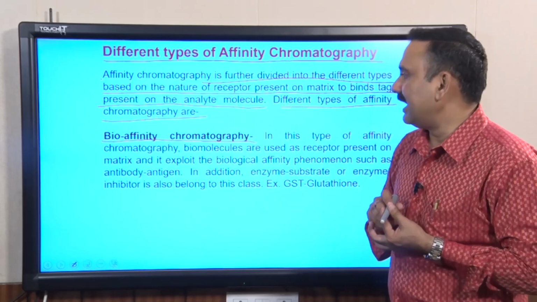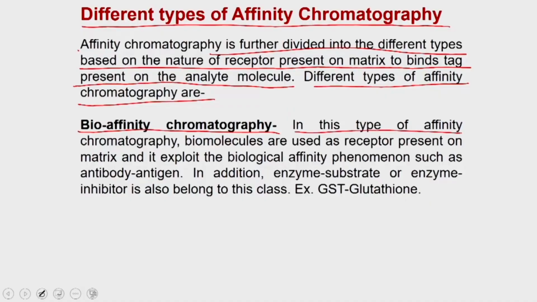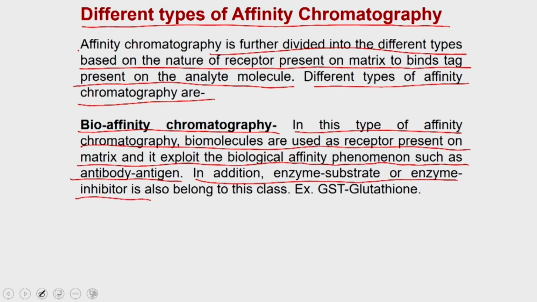The first class is called bioaffinity chromatography. In this type of affinity chromatography, biomolecules are used as the receptor present on the matrix, and it exploits biological affinity phenomena such as antibody-antigen. In addition, enzyme-substrate or enzyme-inhibitor pairs also belong to this class.